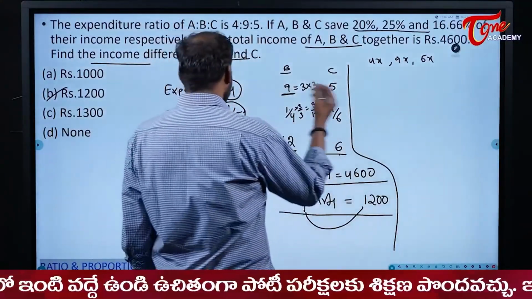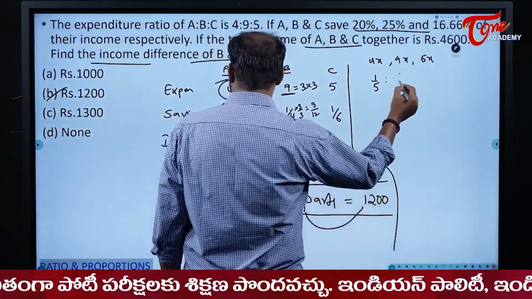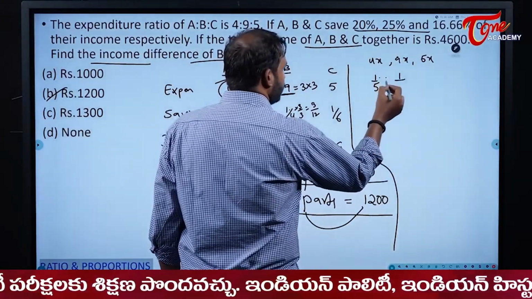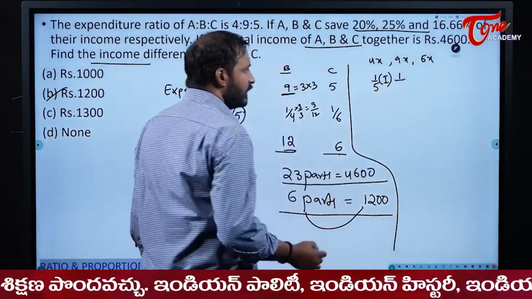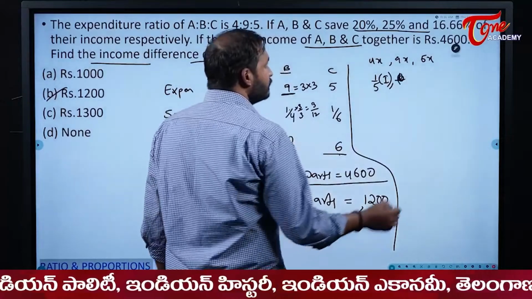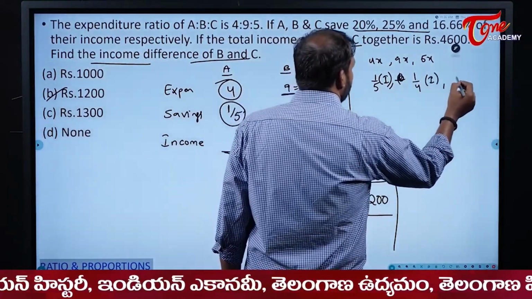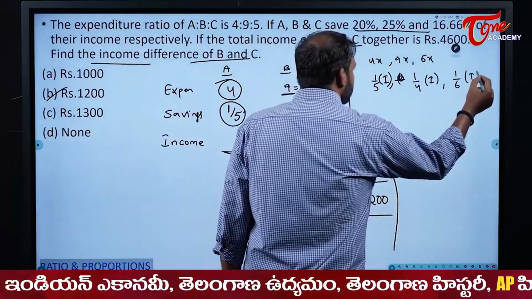So the same thing, what will you take? 1/5 of income of A, 1/4 of income of B, and 1/6 of income of C.